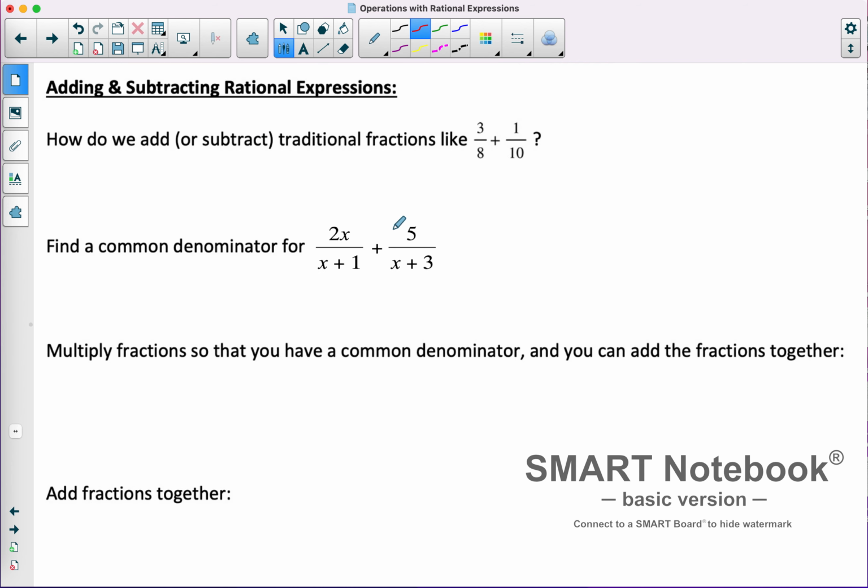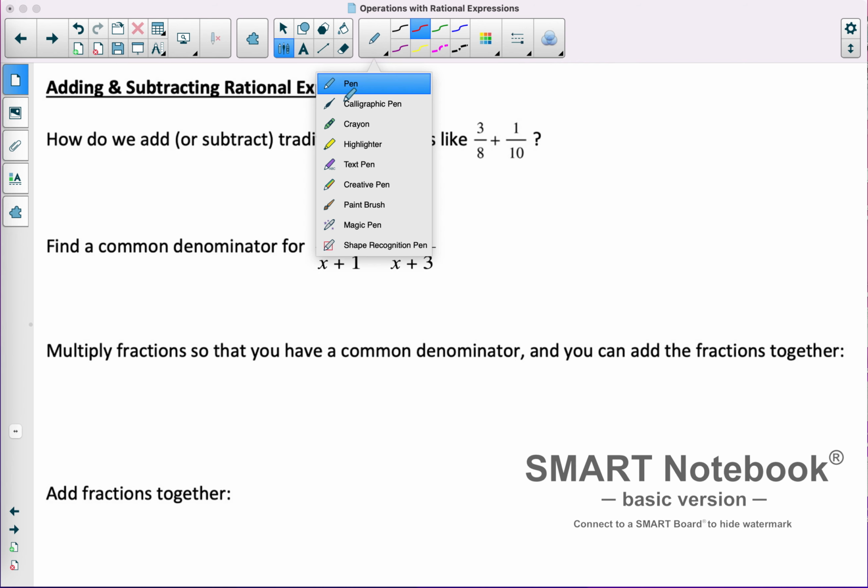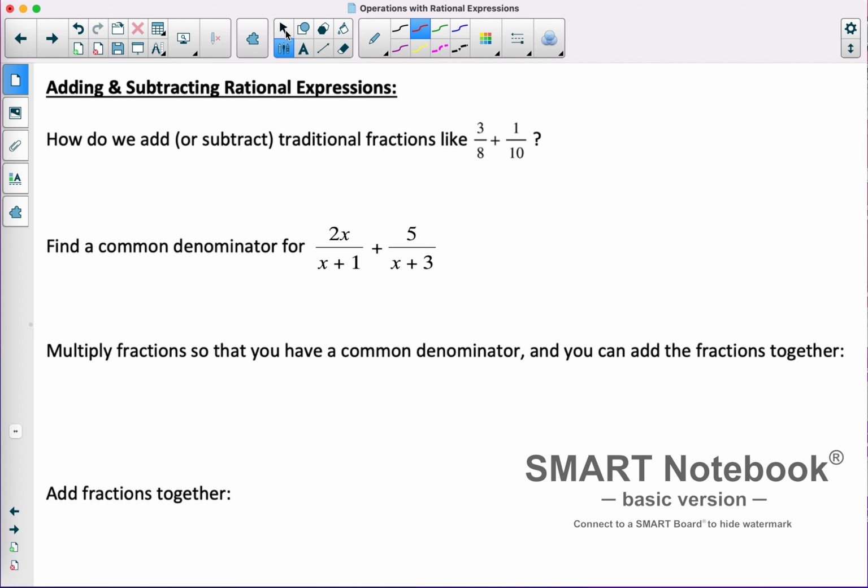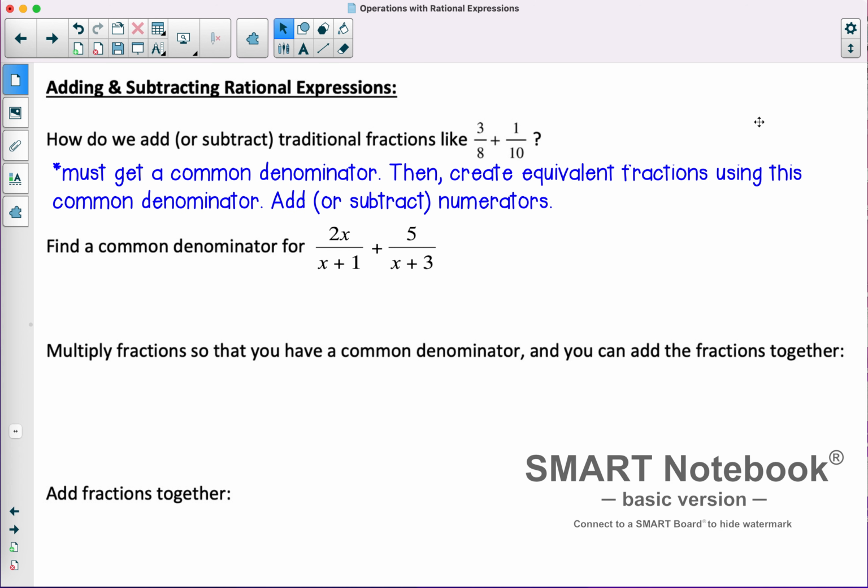Lastly, we want to add and subtract rational expressions. So we think about, how did we do this when we were in elementary school learning about fractions? We would get a common denominator and then create some equivalent fractions using that common denominator, and then add or subtract the numerators. So if I have 3/8 plus 1/10, the common denominator here would be 40.